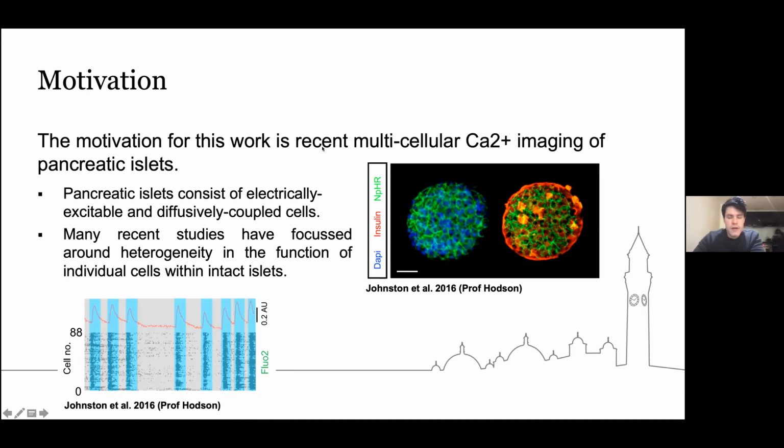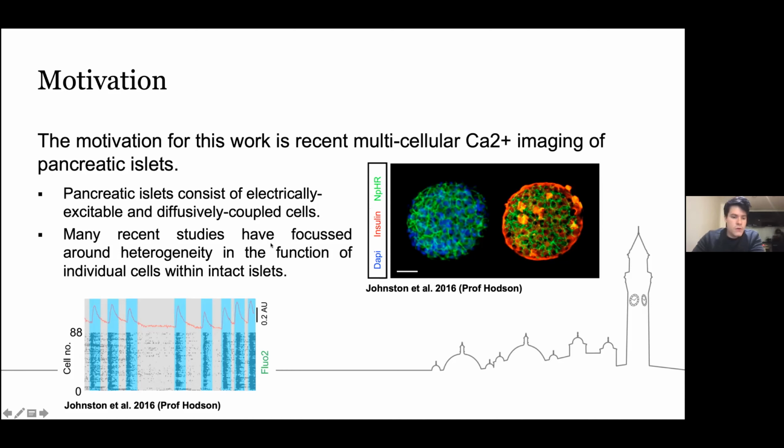And so I have a couple images here. On the right, you can see some staining for beta cell networks within a pancreatic islet, and there are different markers for them. Insulin is the one that is most clear. So that's the actual glucose regulating hormone.